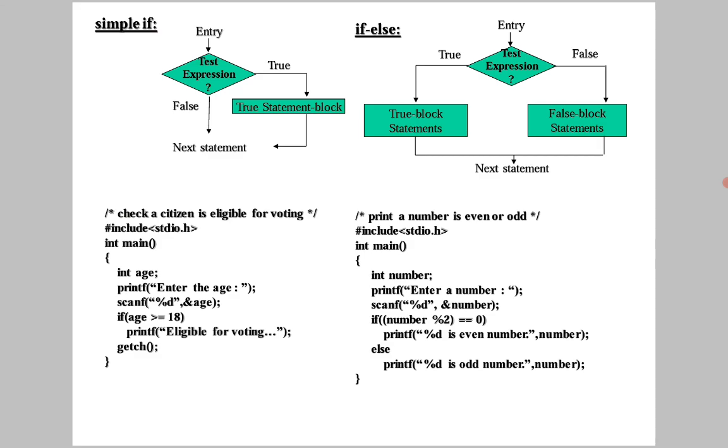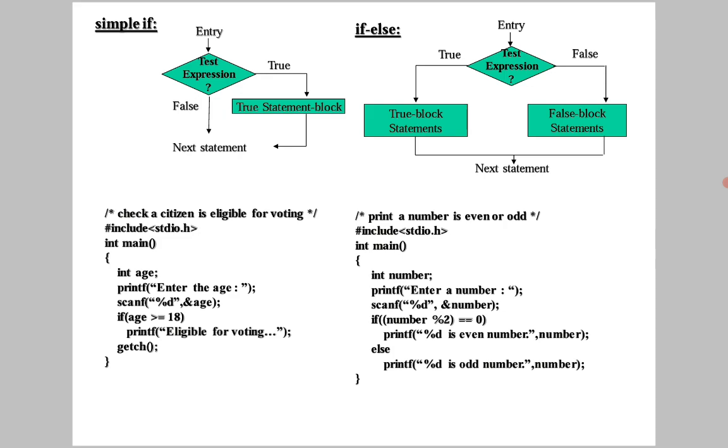Based on the output or result we execute some statements. For example, if A is greater than B and it is true, then A is the maximum value, otherwise B is the maximum value.